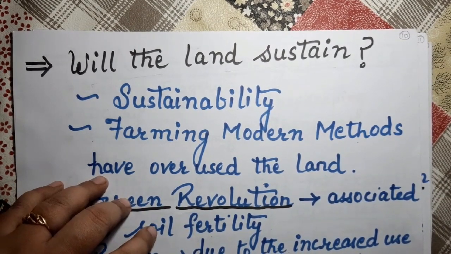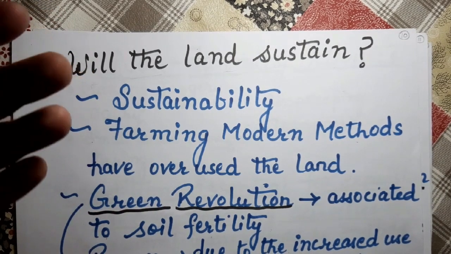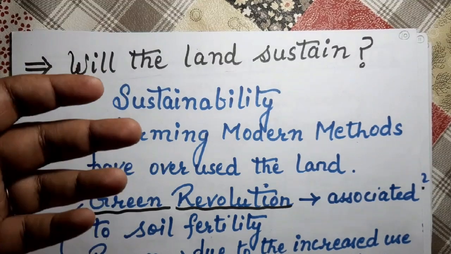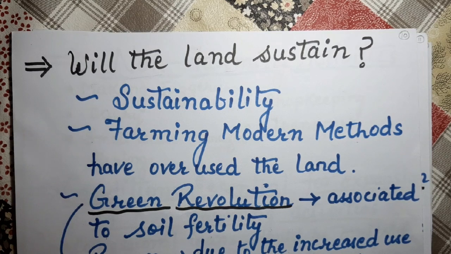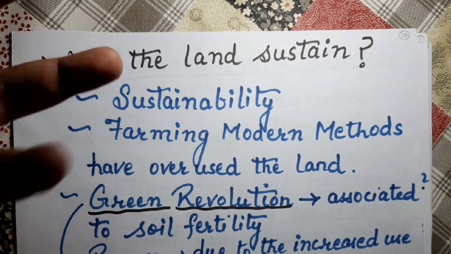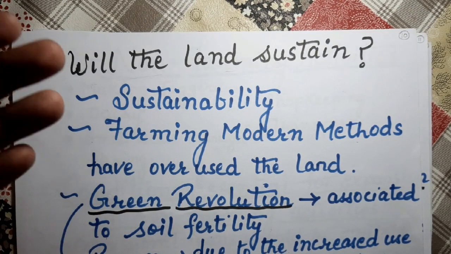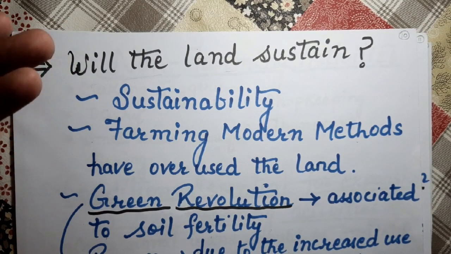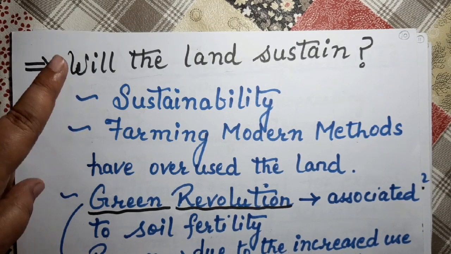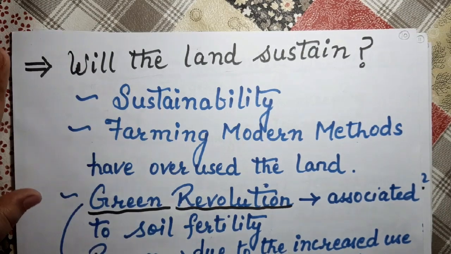Scientific reports indicate that modern farming methods have overused the land. In many areas, green revolution is associated with the loss of soil fertility due to increased use of chemical fertilizers. Also the continuous use of groundwater for tube well irrigation has reduced the water table, the water level below the ground. Extra care has to be taken of the environment to ensure the future development of agriculture, because once destroyed, it is very difficult to restore them.